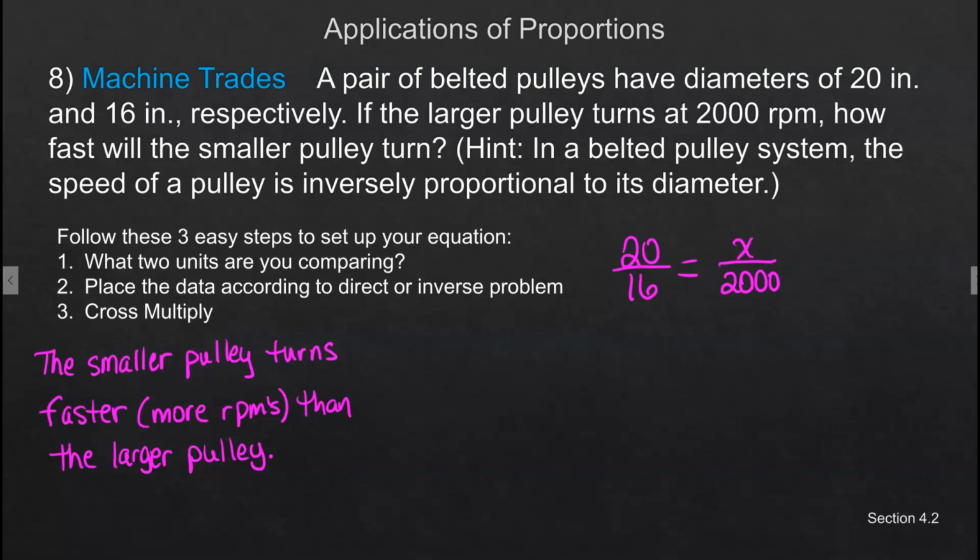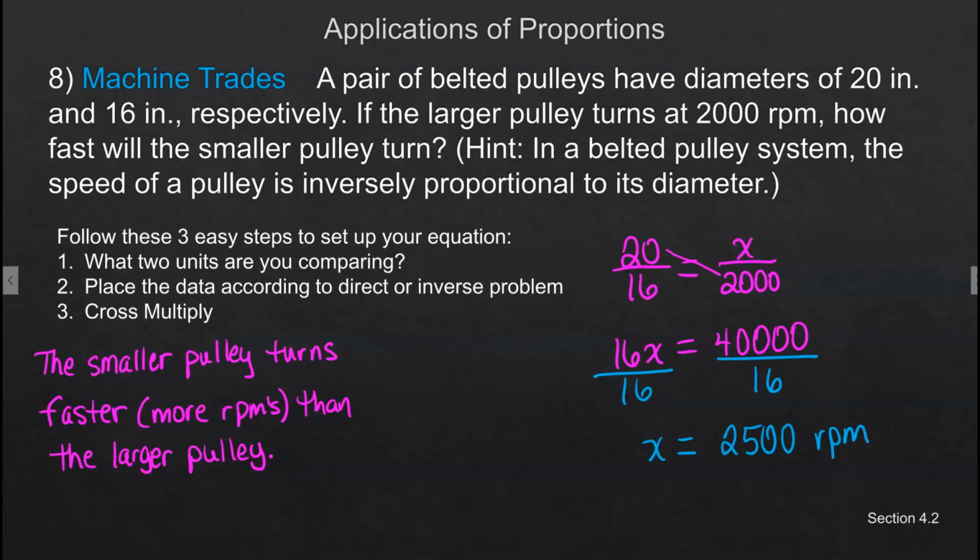There's my x. So 16x, right? 16 times x, 20 times 2,000, and then we simply divide to solve. We're going to divide by 16, and x equals 2,500 RPMs.